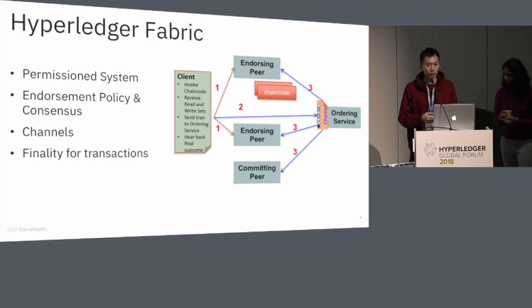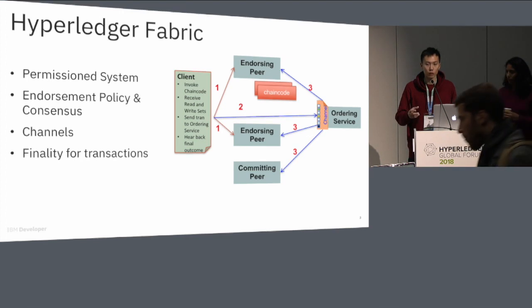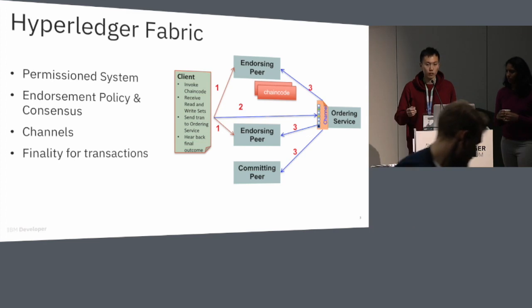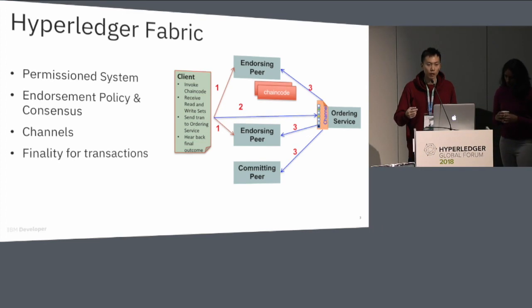In Fabric, we have a data isolation mechanism called channels. Channels are used to group organizations into their own shard. You join organizations into channels, and they interact with each other and see the same data within that channel. Organizations outside of the channel will not see the data. And we have finality for transactions.